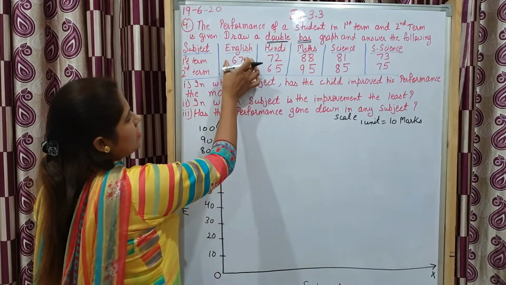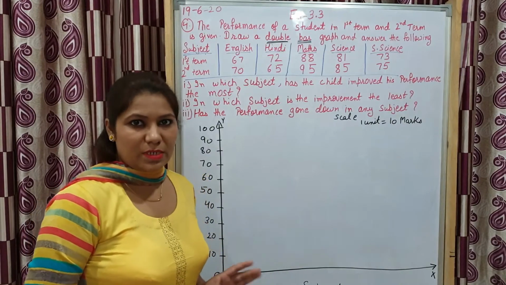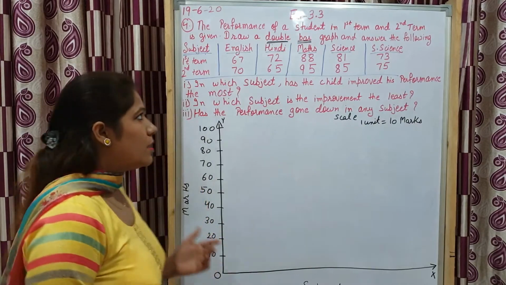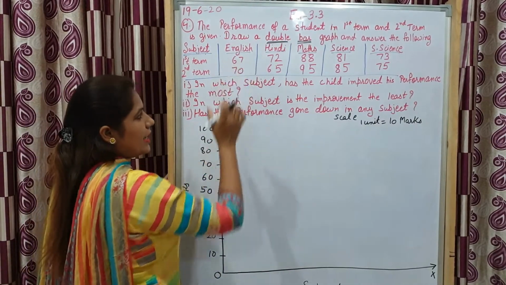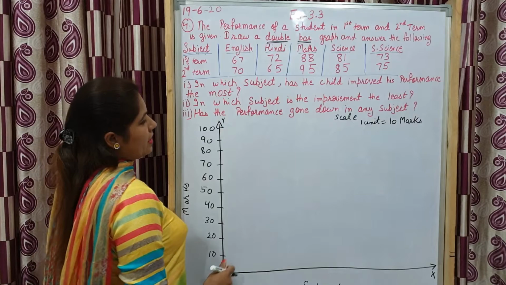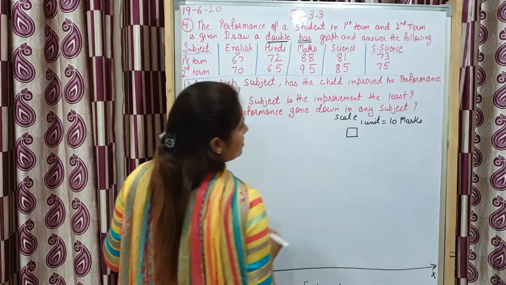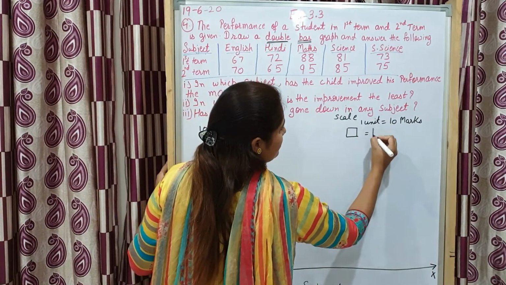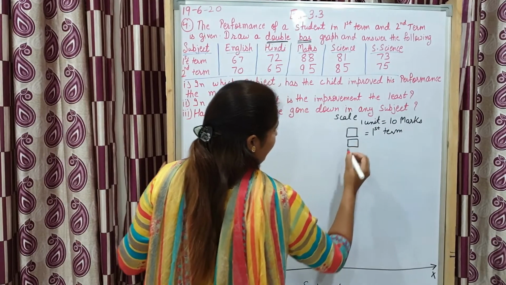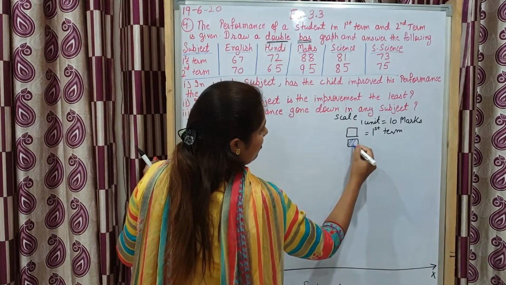Now see student, first term is there, second term is there. In a simple graph, there was only one type of observation, so we didn't need two things. Now here two types are there, so we have to represent it in a different way. So I will take this box as first term, and in the second box I will draw this type of line.